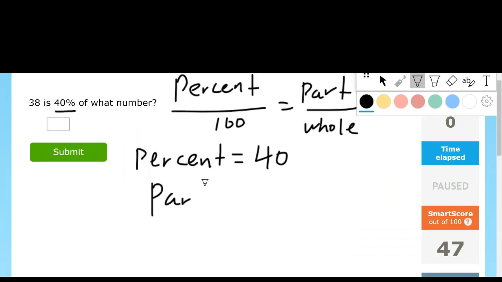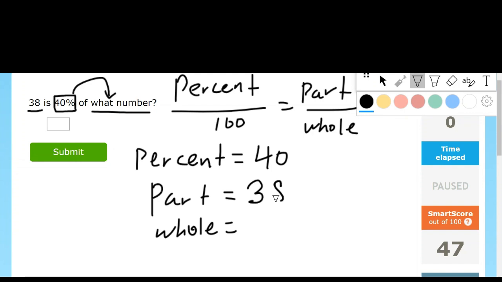Do we know the part or the whole? Well, this 38 is 40%, so a part of what number? So that's implying that my part is 38 and the whole, which I don't know, I'm trying to find, I'm going to use x to represent that.